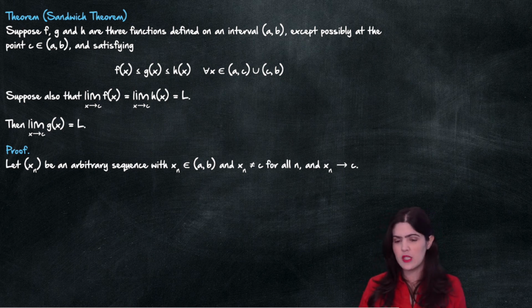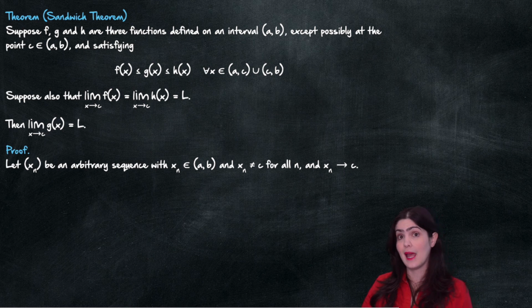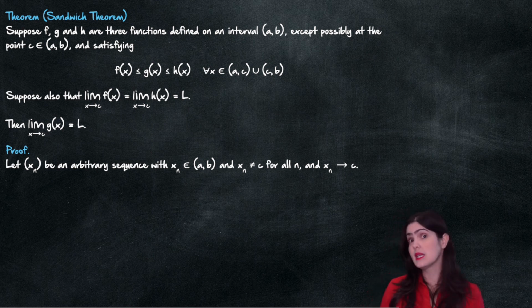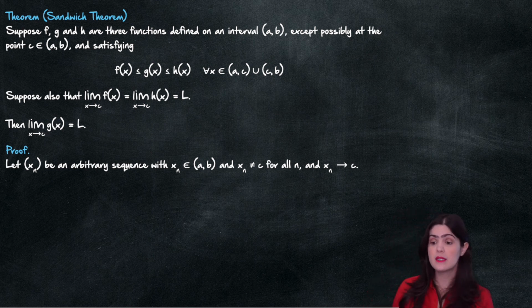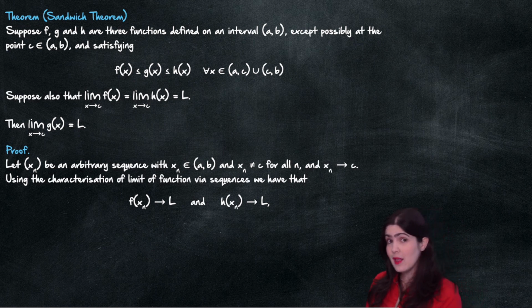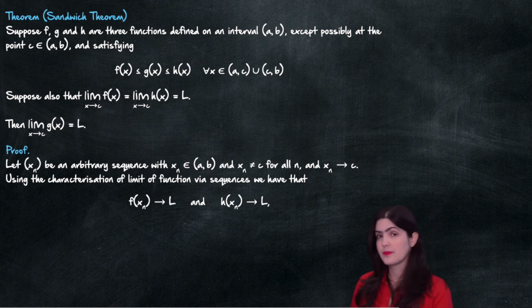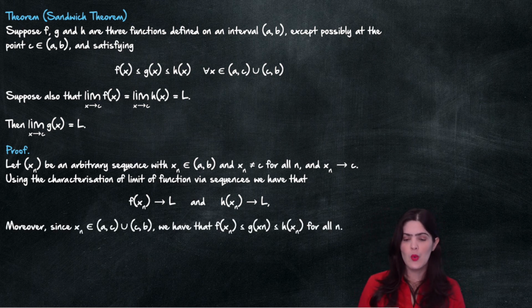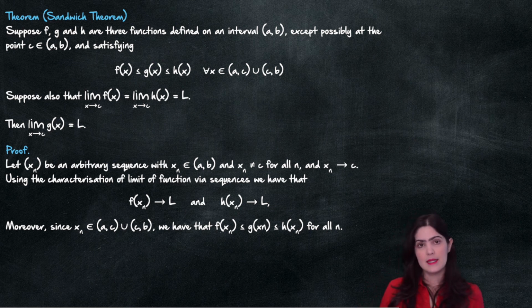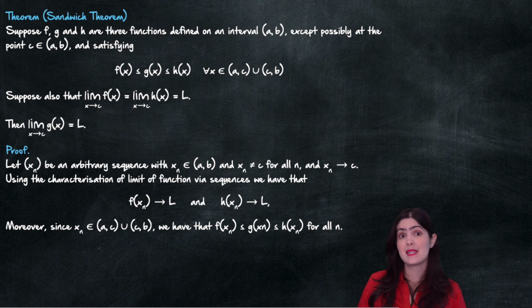The first thing that I know is that because the limits as x approaches c of f of x and h of x are L, then using this characterization of limits via sequences, f of xn converges to L, and also h of xn converges to L. But we know more. We know that my xn's are in the interval (a, b). We know that xn's are not equal to c.